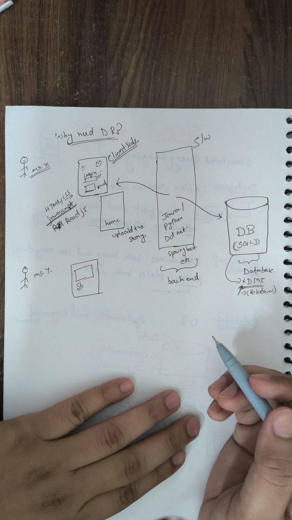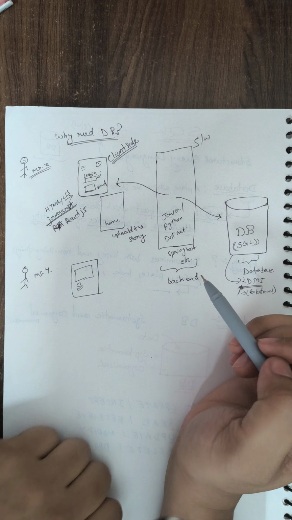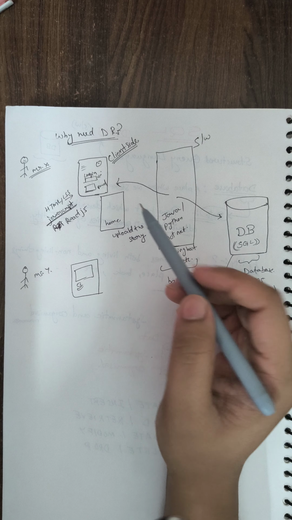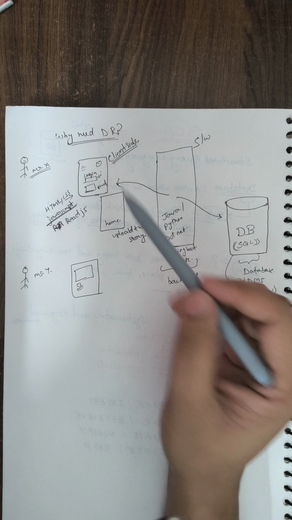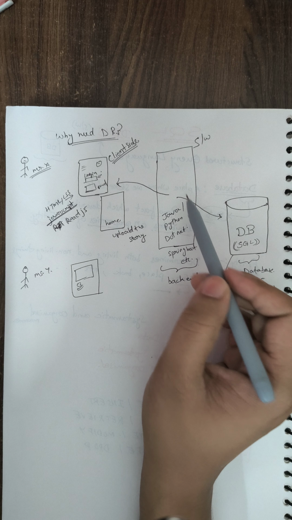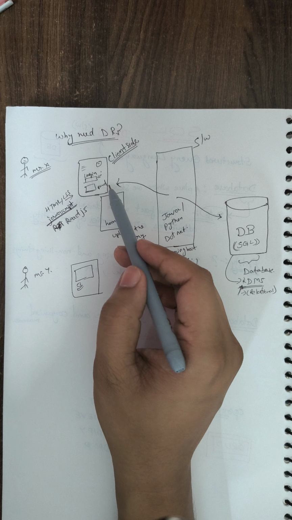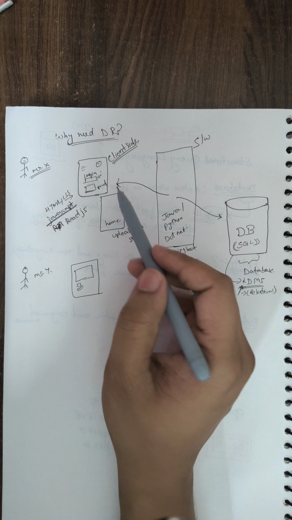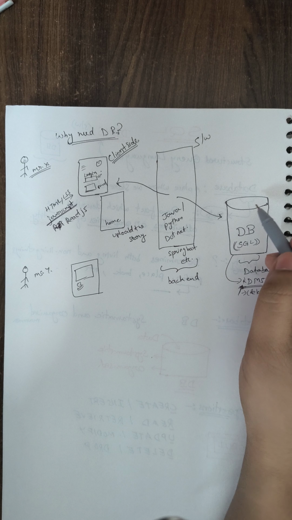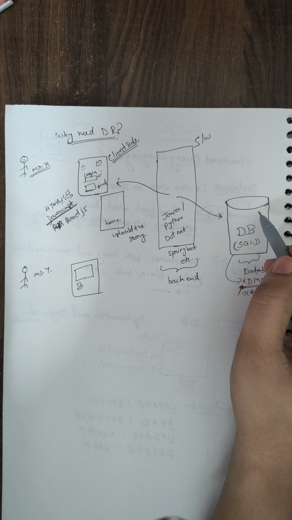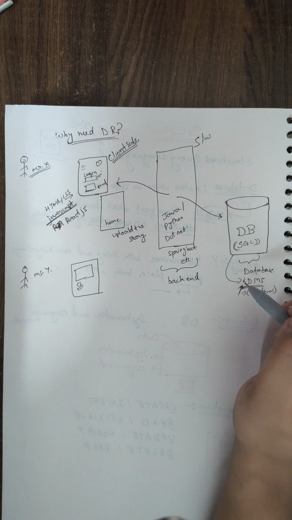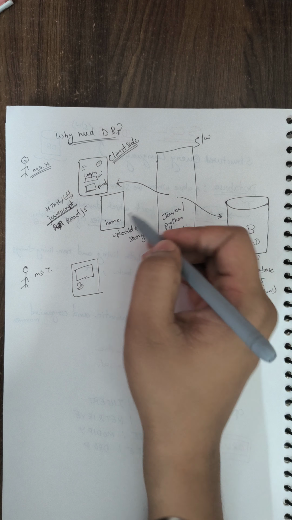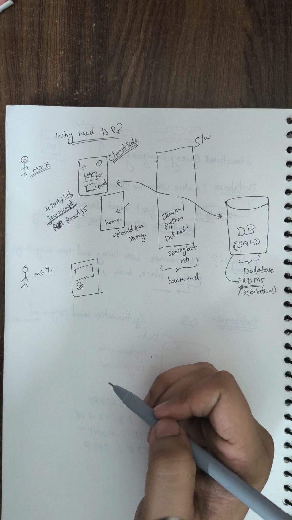So our concern is how does all this matter and what is the role of the database? So when Mr. X logs into their account, the service API connects to the client, collects the login and password from Mr. X, and goes back to the database to check whether this user exists and this password is correct. If that authentication passes, they are navigated to their home page.